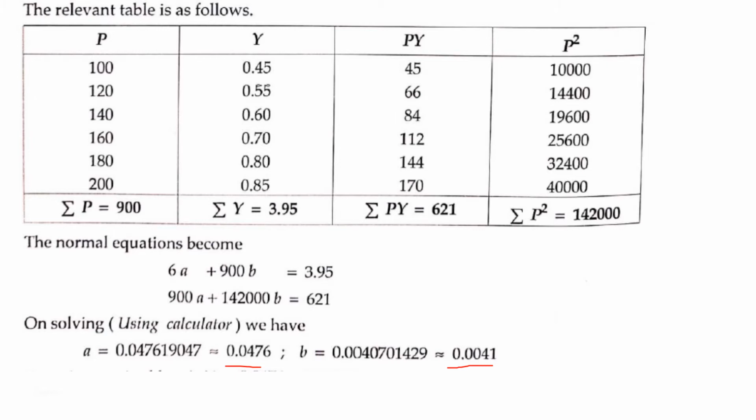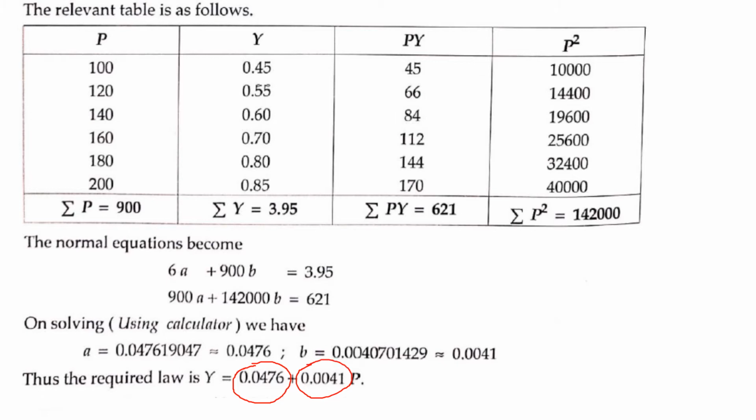Now let us substitute the values of a and b in the required linear equation as they have given. So the value of a we have put here and the value of b we have put here in the linear equation as they mentioned. Now they want us to find the value of y when p is 150.